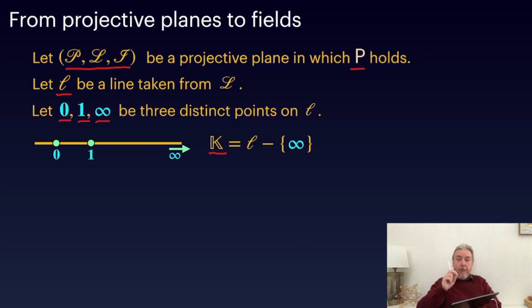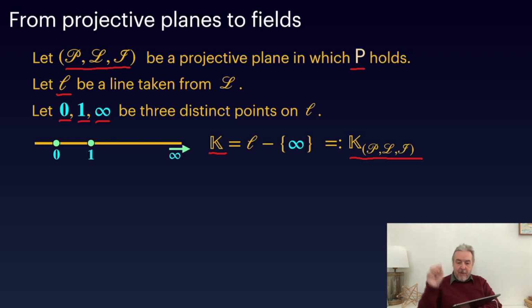It will be all points in the line L except for the point at infinity. And for later use I will call that set K derived from PLI.